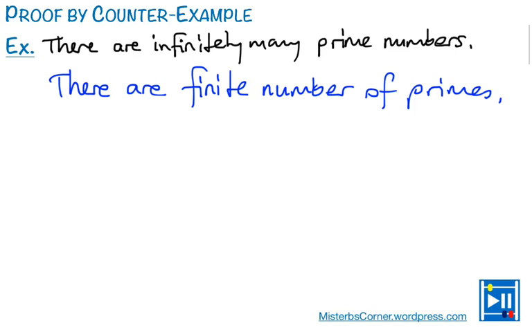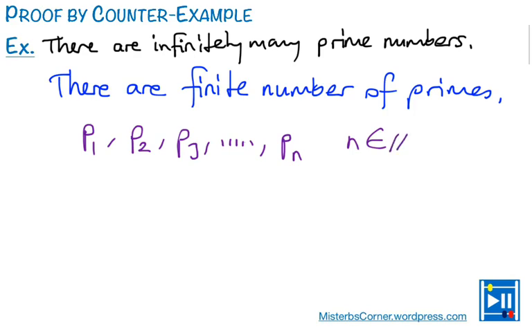We can say P1, P2, P3, and so on as a list of our primes, and we can end up with Pn for n being a natural number. So finite means limited.